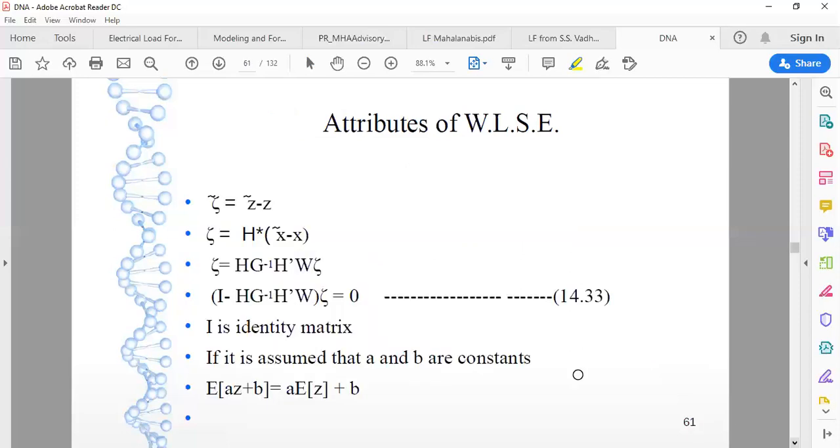So if we substitute this value over here, now zeta is equal to H as it is, and G inverse H transpose W into zeta. If we move this zeta to the other side, we can easily derive this equation: I minus H G inverse H transpose into W into zeta is equal to 0, where I is the identity matrix.